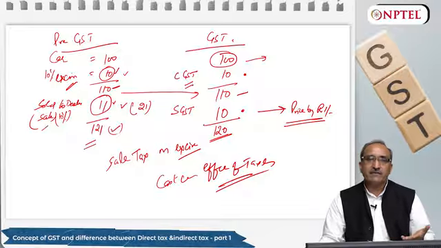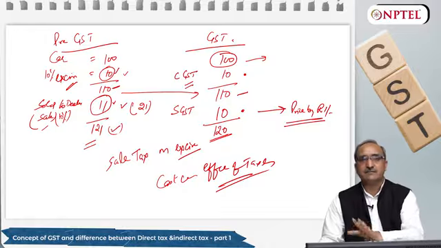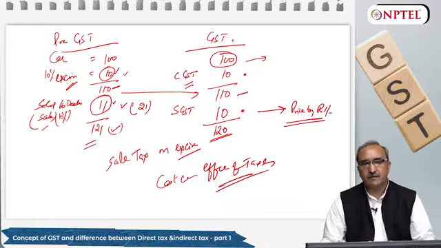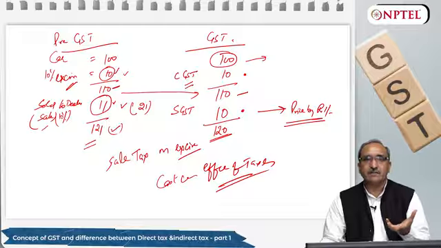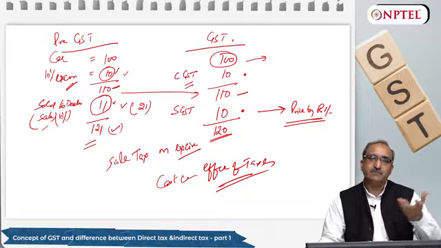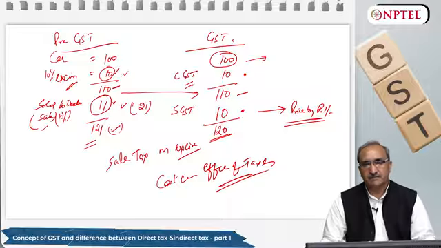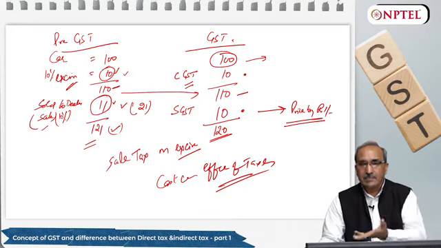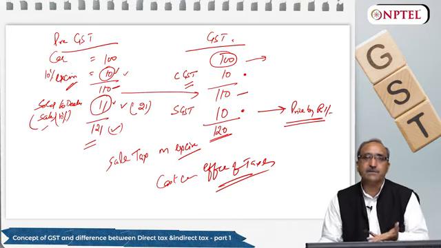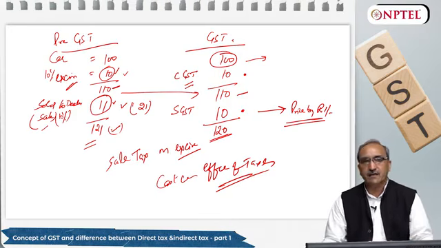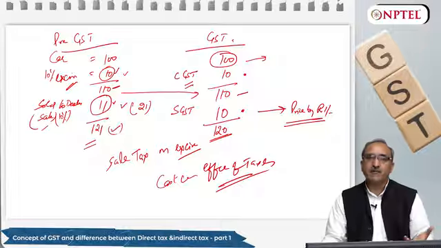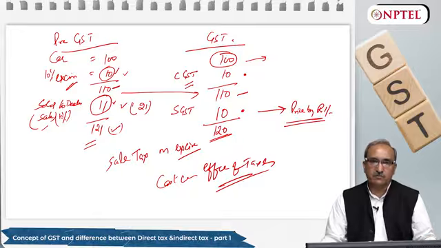So how will it impact our economy? See, when the consumer is saving this much amount, definitely he will have surplus money with him. And this surplus money he will spend on other sectors, on other goods. Means, by having this mechanism of pricing, his purchasing power will increase. And when his purchasing power increases, he will purchase more and more goods.